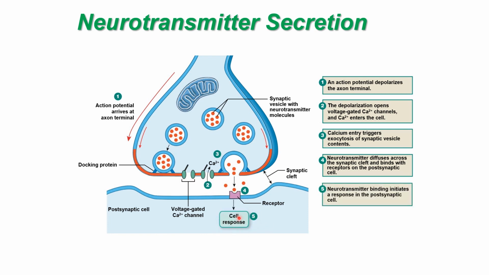It could be muscular contraction. It could be some other cellular change in behavior. Or maybe we trigger a voltage change, and now we're going to continue that signal down another neuron. That's how we get the signal transferred from one cell to another. But that's not the end of the story.